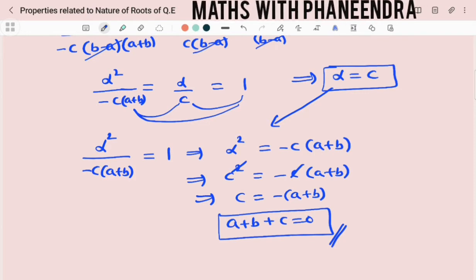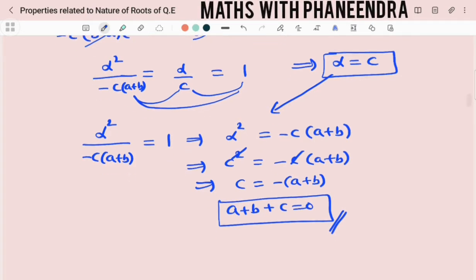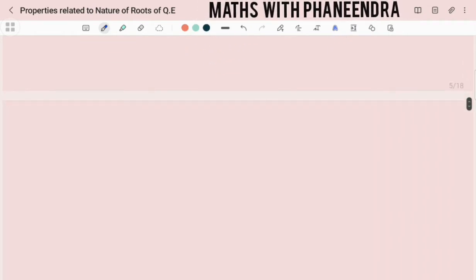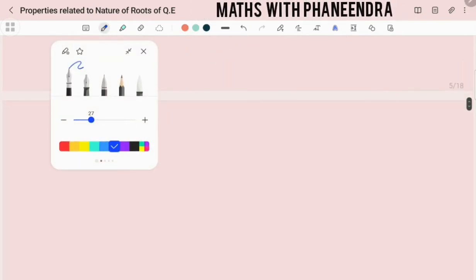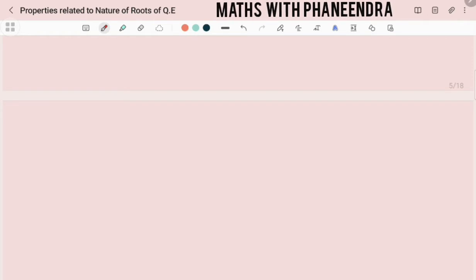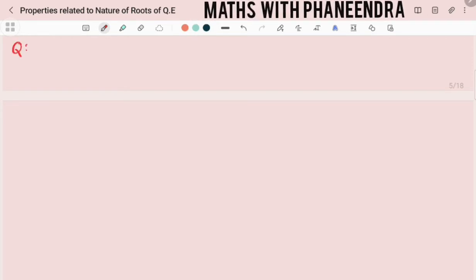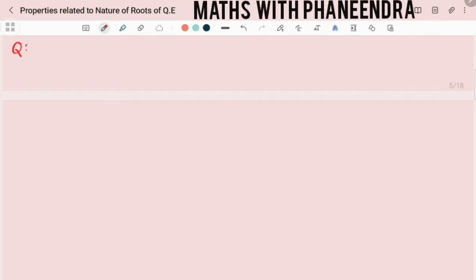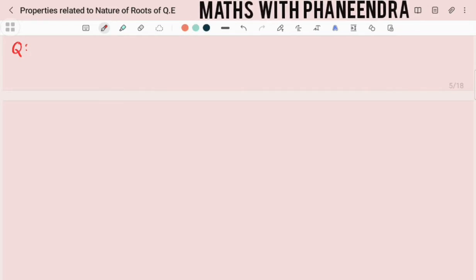So one other question based on this, real common roots. It's a simple way I will explain. So another question, again relation between a, b, c, but it's a good question.